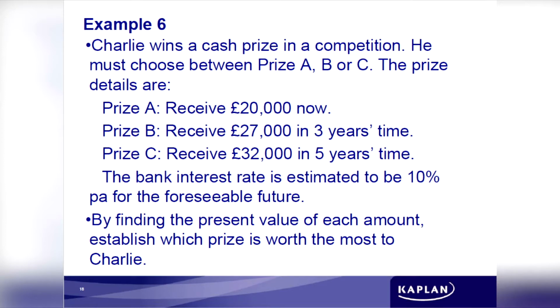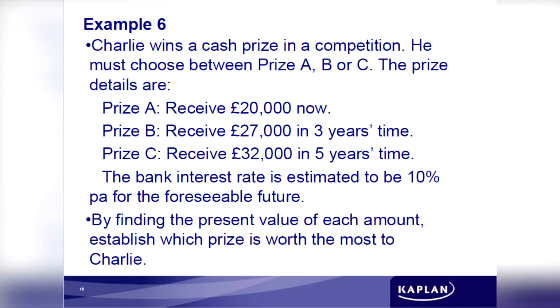So we're going to start first by calculating the present value of that 20,000 received now. Obviously it makes sense that the present value of £20,000 received today is £20,000 because it's already received now. But just to prove it mathematically, remember the formula: x equals s divided by 1 plus r to the power of n.